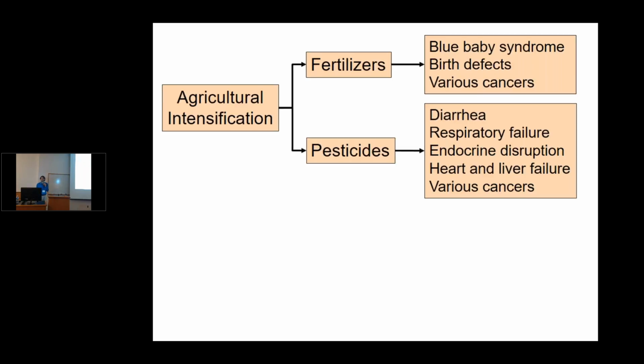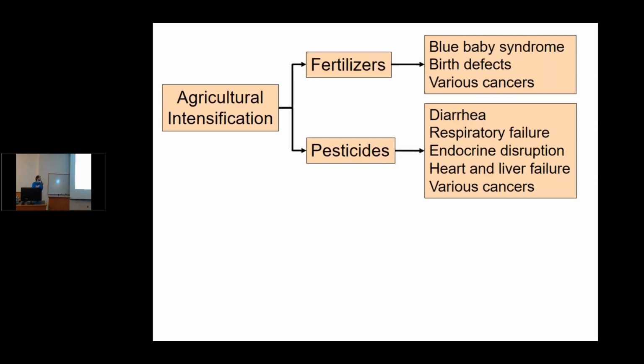But at the same time, they also open up potential exposure pathways. There are a number of connections that have been made between fertilizers, for example, nitrates in drinking water connected to things like blue baby syndrome, and some more hypothetical, theoretical connections with birth defects and a number of cancers.